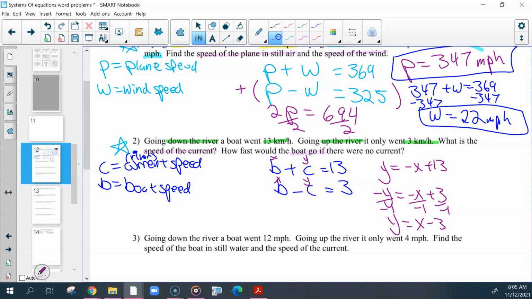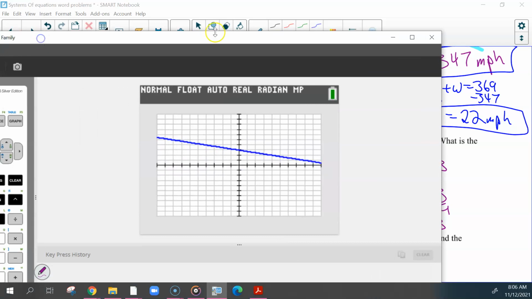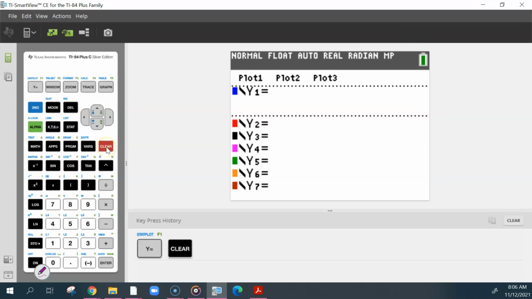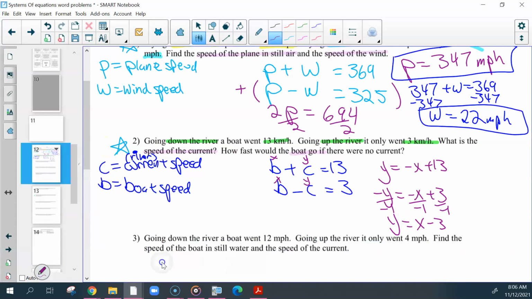In your calculator, go into your y equals, and you're going to put those two equations in your y equals: negative x plus 13, x minus 3.